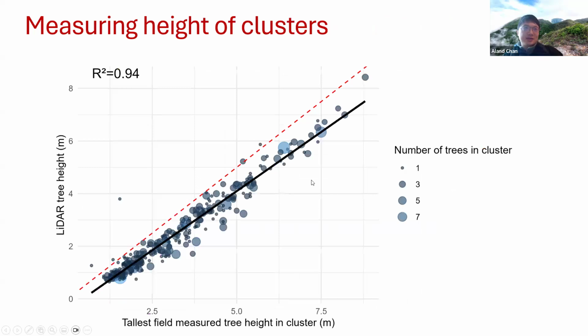And we are also estimating the heights of these tree clusters quite accurately. There is, of course, a slight underestimation of height when the LiDAR points aren't hitting the tops of the trees or the ground isn't classified very well. Also to mention is that we measured the height of these trees 1 year after the LiDAR scan had been carried out, so the trees would have grown a little bit over this time period.